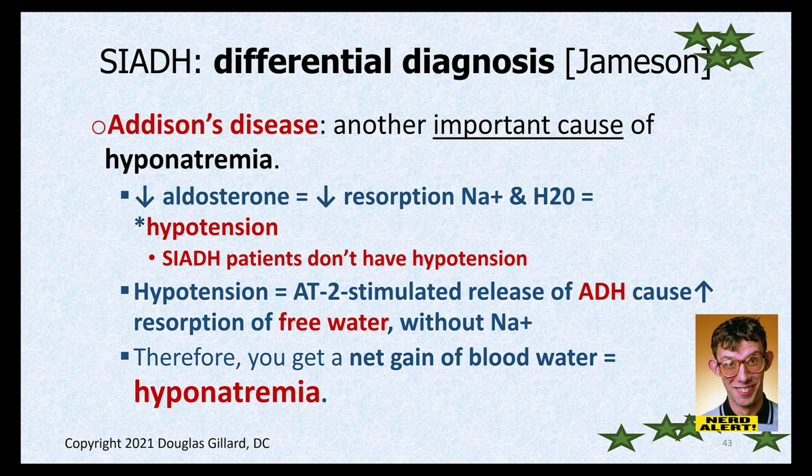Well, Addison's disease means that the adrenal gland is upset and it's not releasing cortisol or aldosterone, and sometimes not even ADH, which is not really clinically important. But that's not good if you're not releasing aldosterone. Well, you're not reabsorbing salt or water.